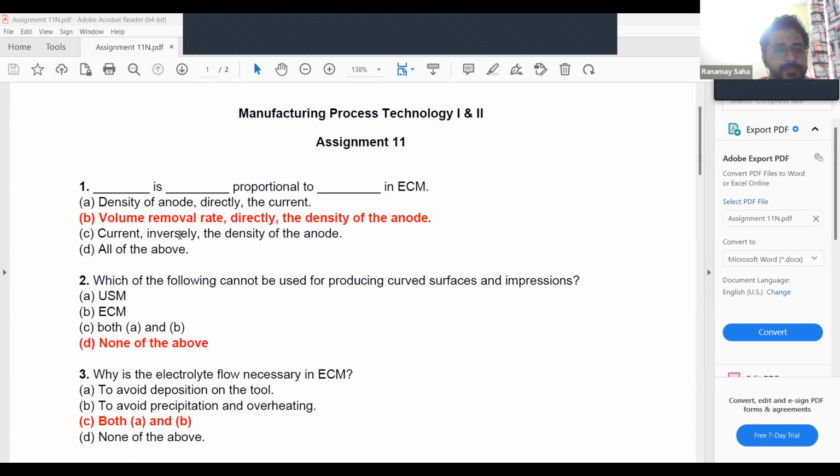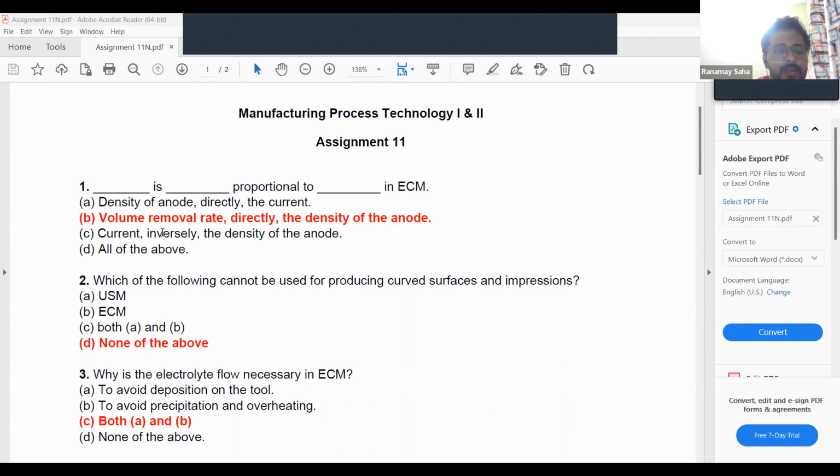Now, of course, the removal rate is directly proportional to the density of the anode, okay? And then the removal rate is obviously volumetric removal rate. If you look at option C, then if you take the first blank as current, then current is not inversely proportional to the density, rather it is directly proportional.